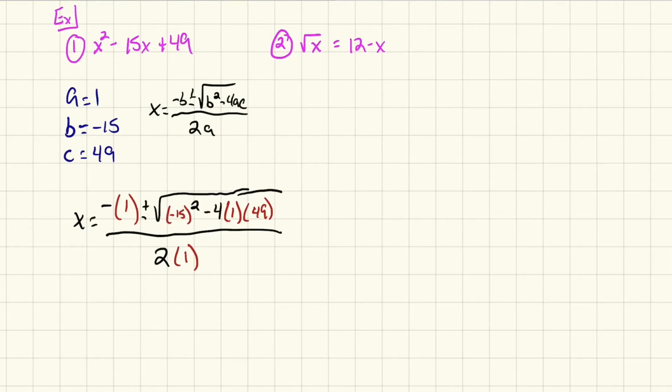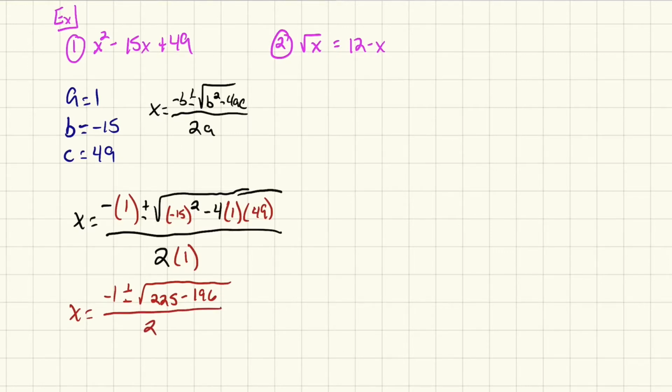So as I simplify things, x equals negative 1 plus or minus the square root of negative 15 squared is negative 15 times negative 15, which ends up being 225, minus 4 times 1 times 49, which ends up being 196, and all of that is going to be over 2.